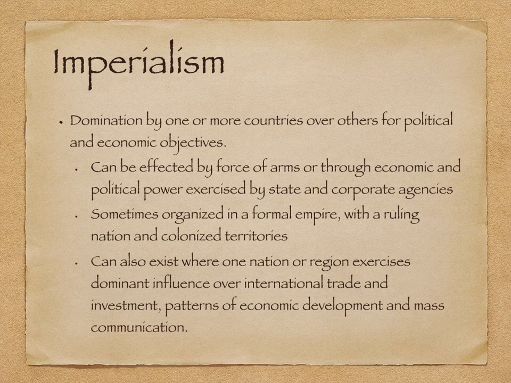But the second part, which involves corporate agencies, talks about the idea that there are particular companies that can exercise so much power over a country that it dictates the outcomes of what's happening to its people. I'm going to come back to that idea in just a second.